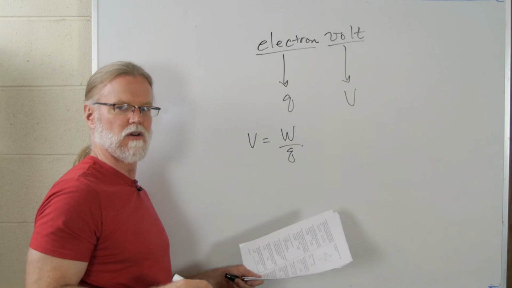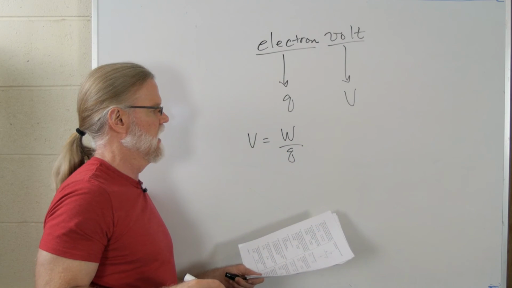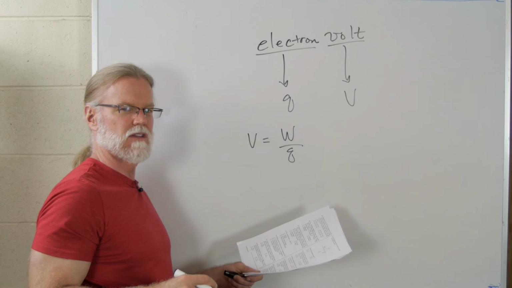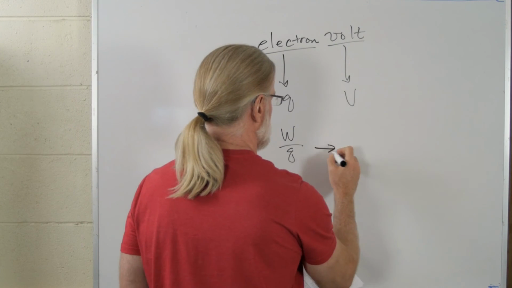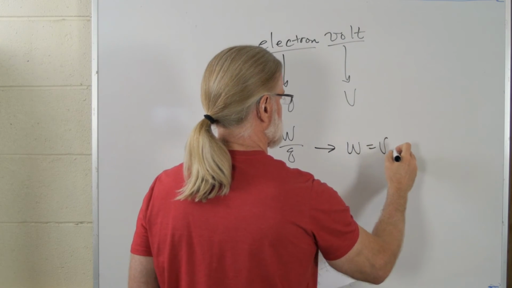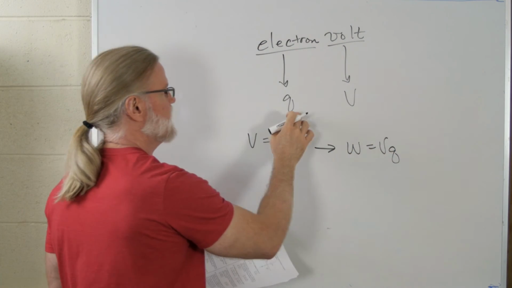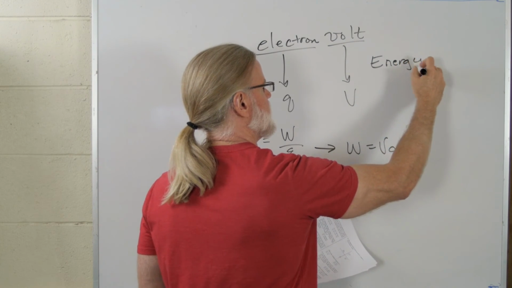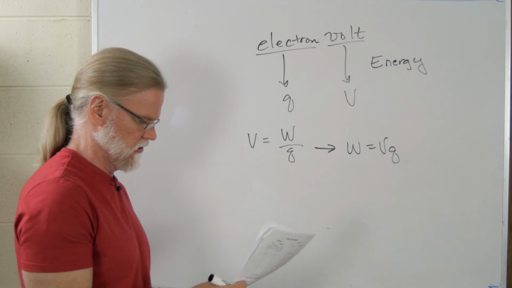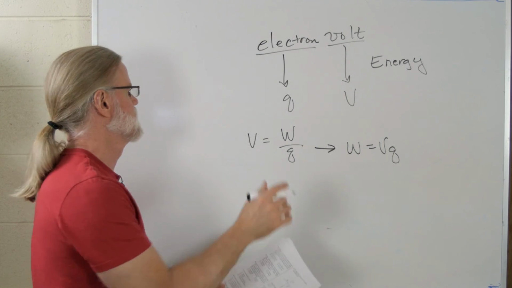We use W for energy in this case because capital E is used for electric field. So energy equals voltage times charge. Electron volt is a measurement of energy. Choice 1.